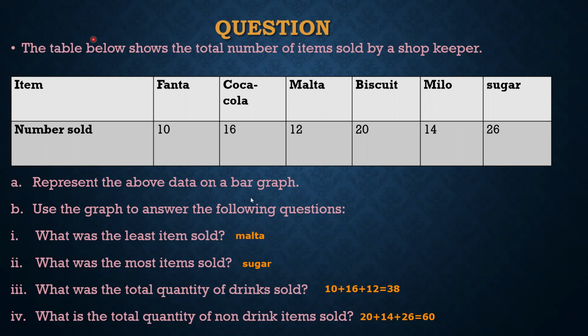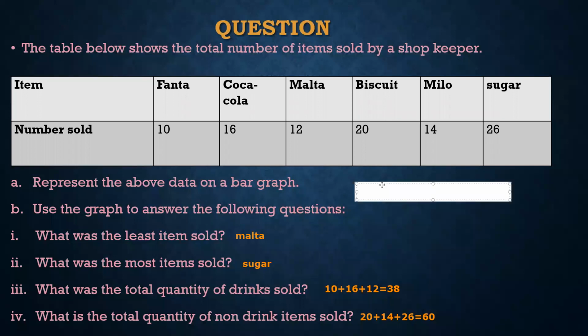With the intervals, we are going to use 2 centimeters for the graph lines, but the unit will be 2 units. So the ratio will be 2 centimeters to 2 units.